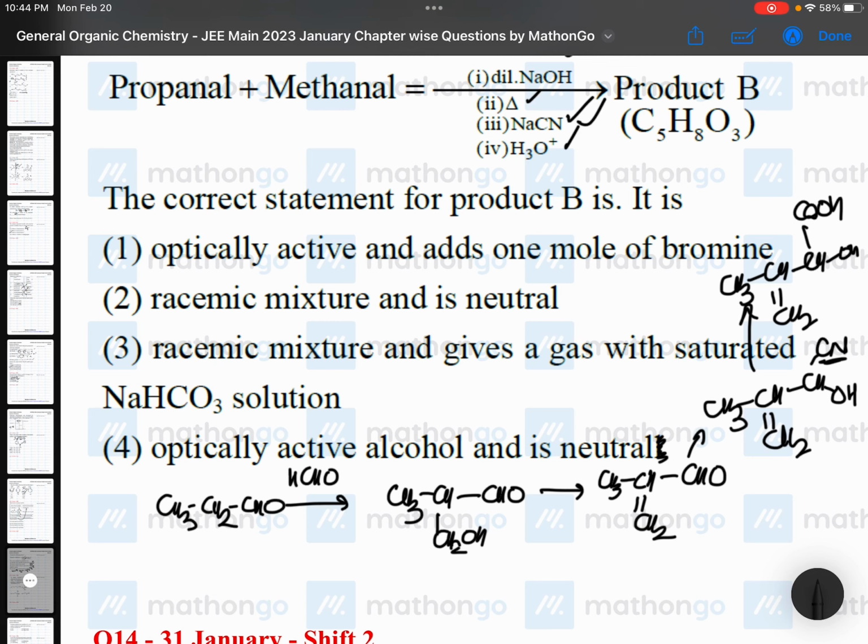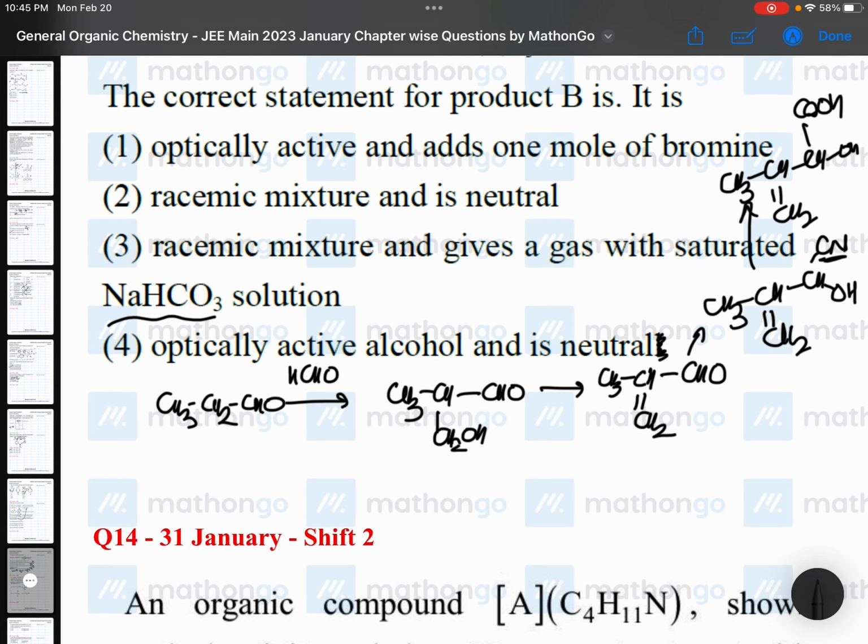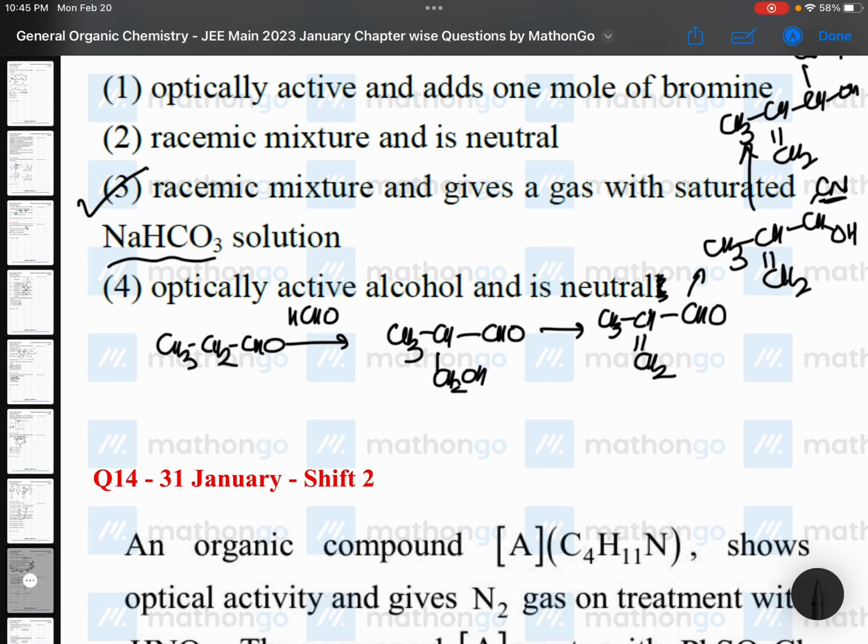So what is the right answer? Obviously, a carboxylic acid is there. A carboxylic acid will react with NaHCO3 and release CO2 gas. Correct? So option 3.